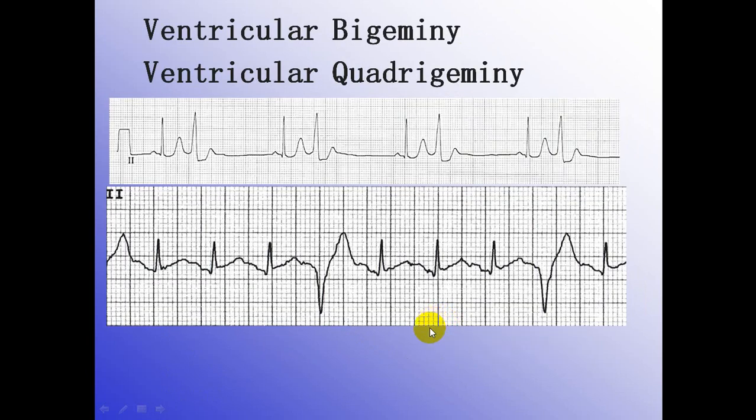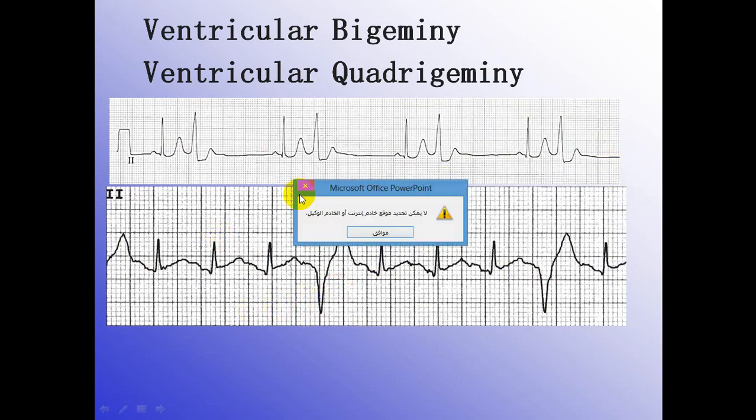And this is ventricular bigeminy: sinus, ectopic, sinus, ectopic. This is sinus, sinus, sinus, ectopic, sinus, sinus. Every fourth is called quadrigeminy, with the same morphology. It's not multifocal, it's unifocal.